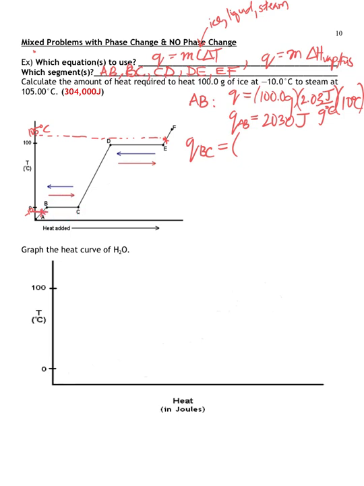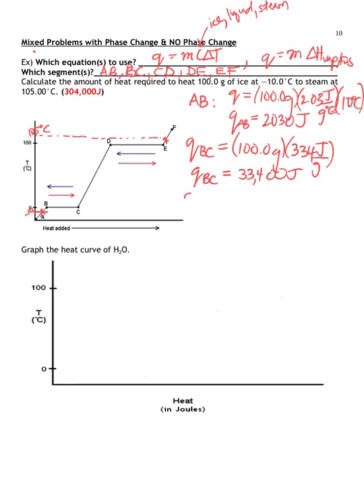It's fusion. So we're looking at 100 grams. And since we're working in joules, we're going to use 334 joules per gram. QBC ends up being 334 with 2 zeros, so 33,400.